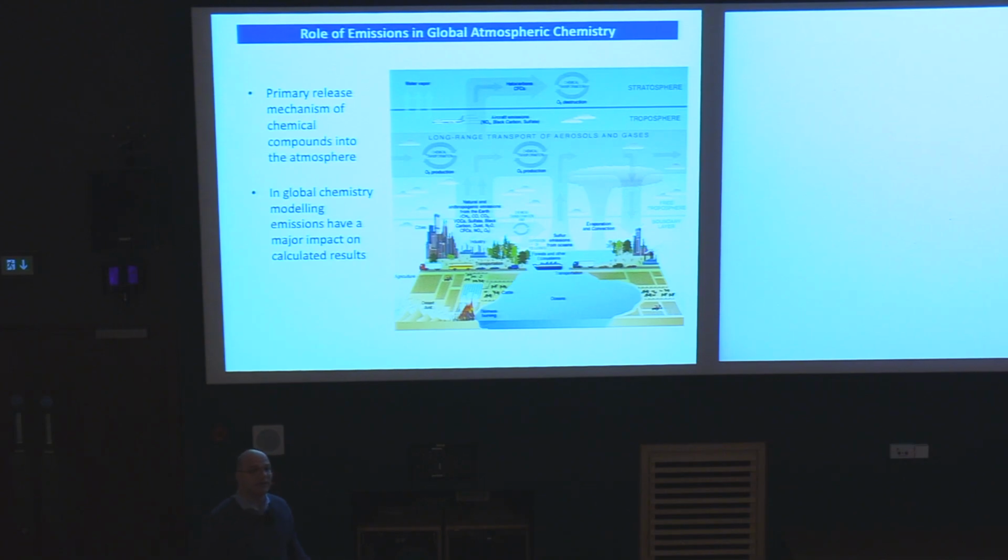If you want to implement additional chemistry, then at the beginning of this process you must think about where do my emissions come from and how do I implement them. So virtually everyone who works with atmospheric models will at some stage have to do with emissions.